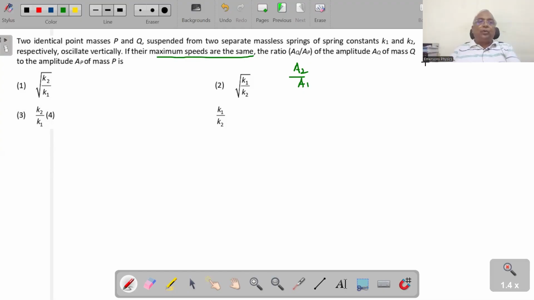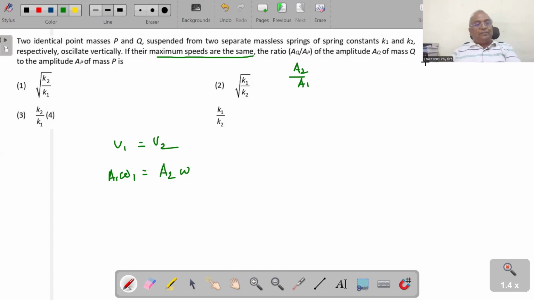Their velocities are equal: V1 will be equal to V2. V1 equal to A1 omega 1 equal to A2 omega 2, because peak velocities are equal.